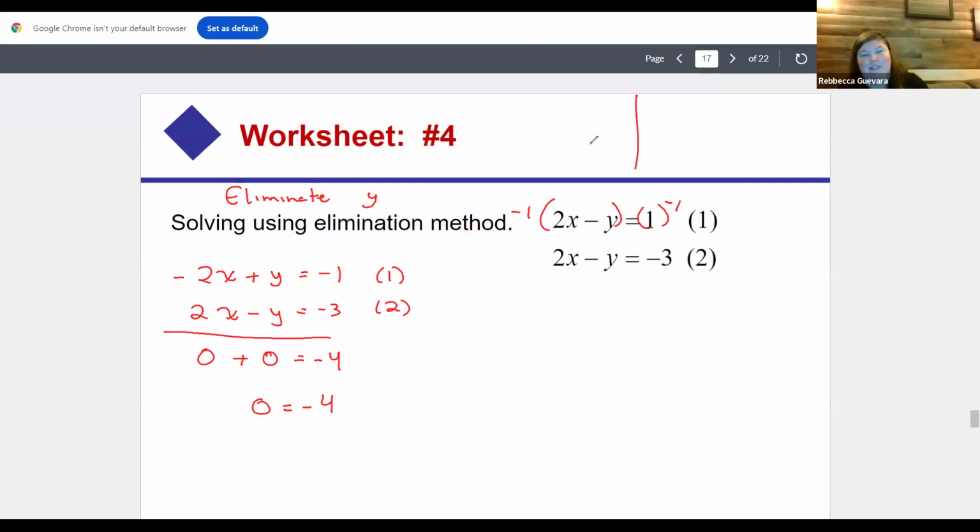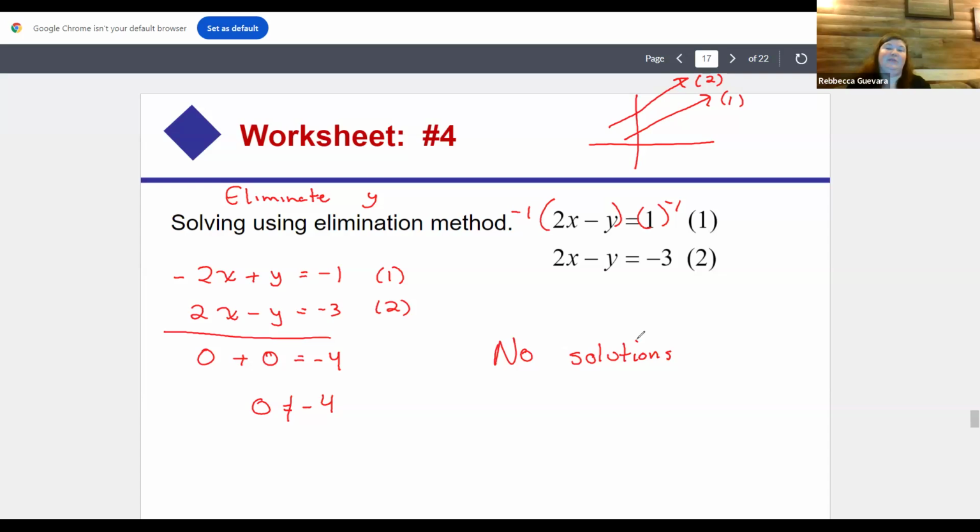Trying to think how it would look. So I think your line number 1 would look like this, and then your line number 2 would look like this. These are two lines that don't actually cross. So this is why you end up with something like 0 equals -4, which we know cannot happen. This means we have no solutions.